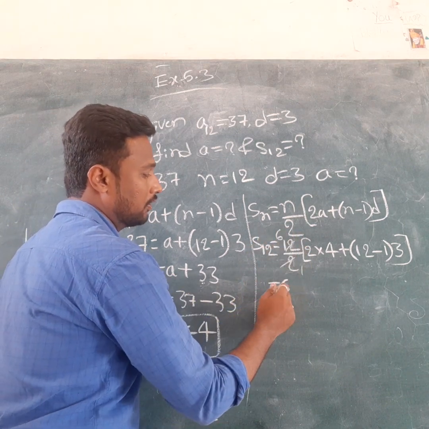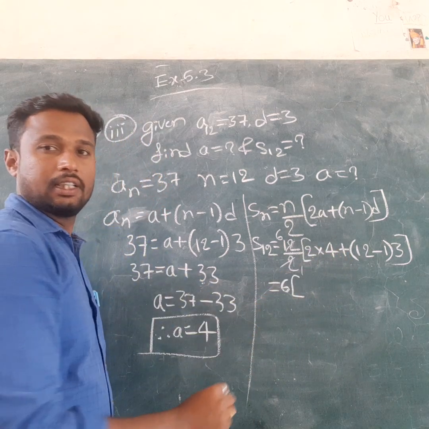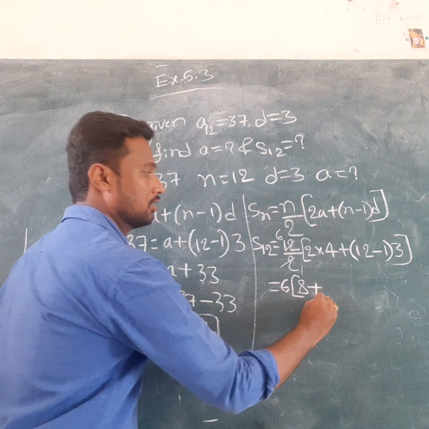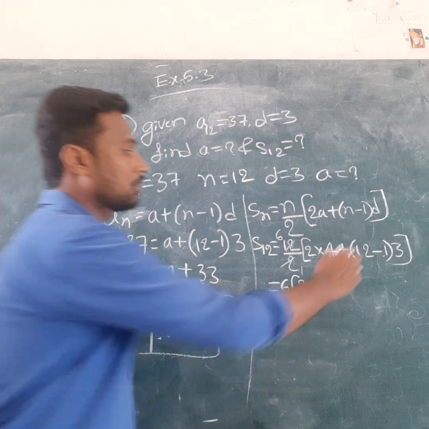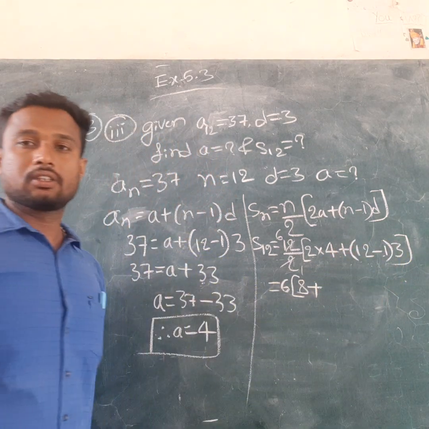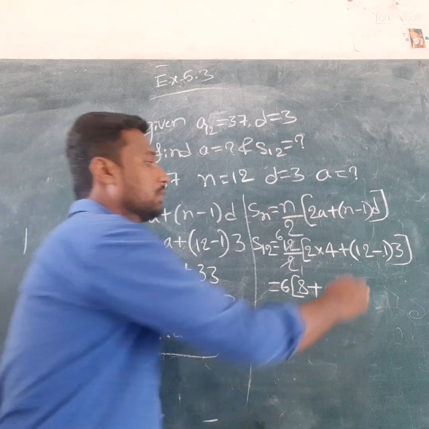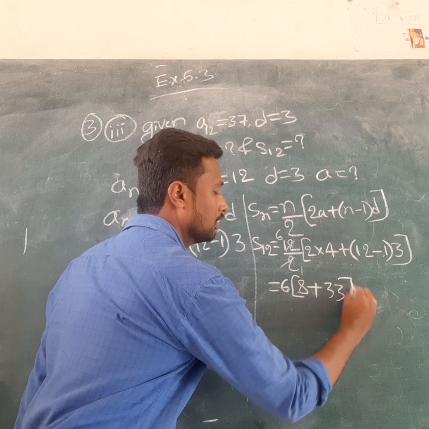So here I will write directly 6 into bracket 2 4s are 8 plus 12 minus 1 into bracket 3. 12 minus 1 means 11. 11 into 3 means, what is the answer? 33.